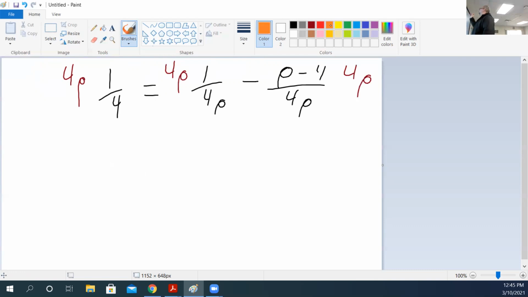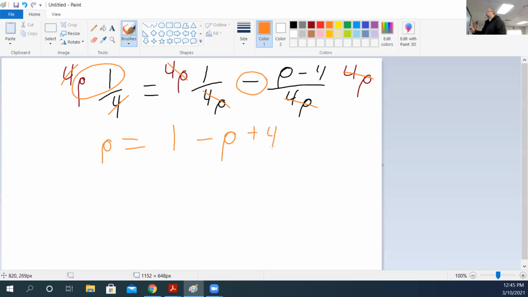On the far left, the 4's cancel, so it's p times 1, or p. Then 4p cancels 4p, so just 1. And then 4p cancels, but do not forget to distribute that minus sign, so it ends up being minus p plus 4.